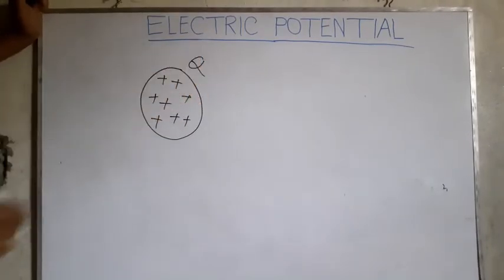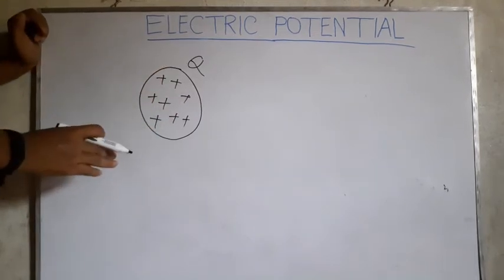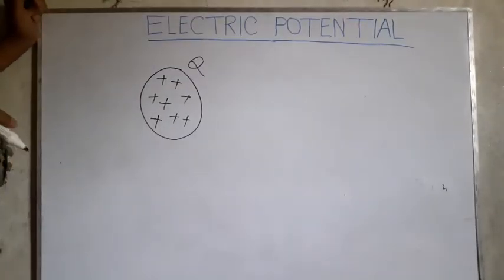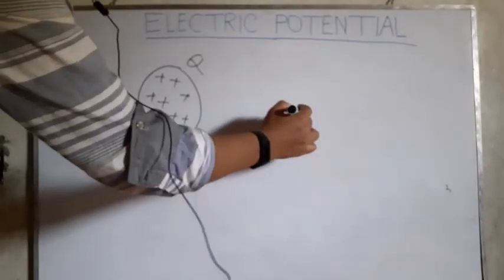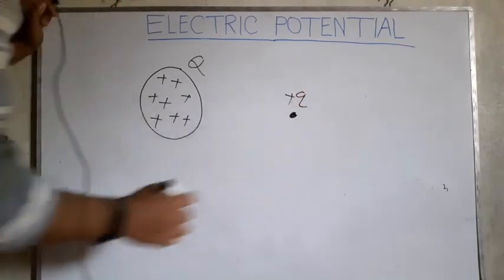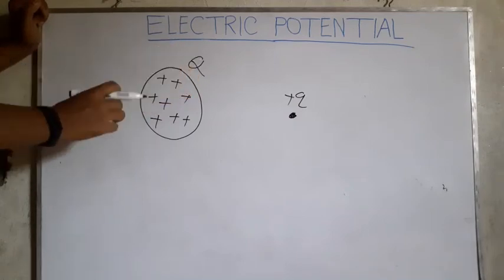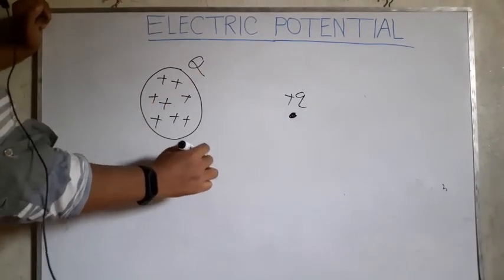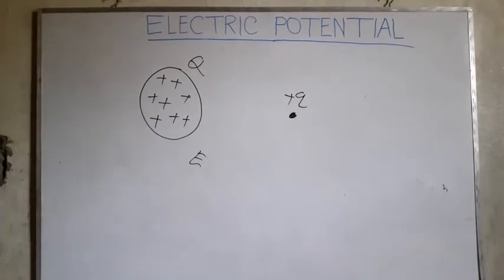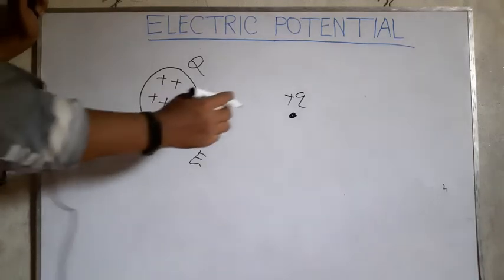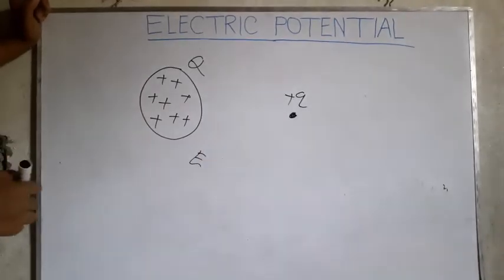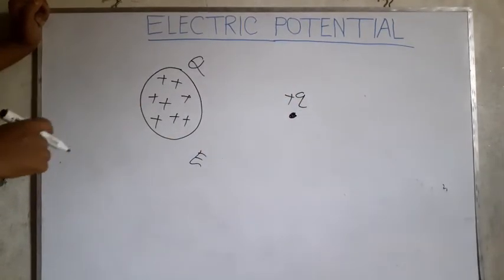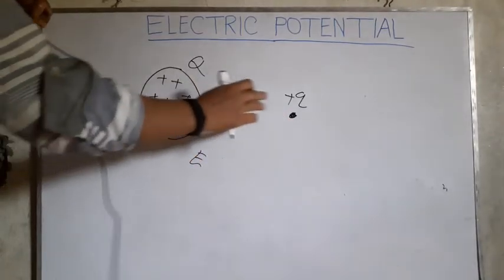Suppose its charge is Q. This Q charge will produce an electric field around this charged body, and this electric field is suppose E. If you consider another charge, plus q charge, and want to move it towards this body, then as it is a positively charged body and this is plus q charge, there will be repulsion between this Q charge and plus q charge.